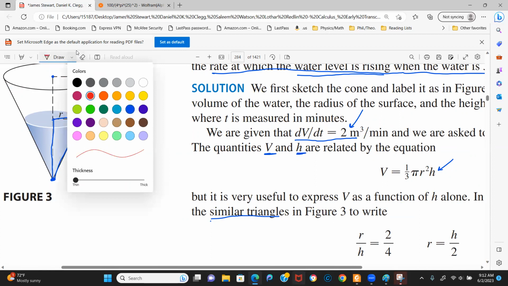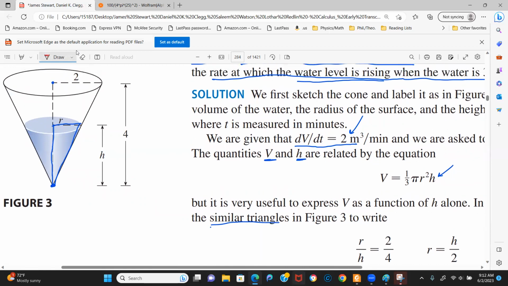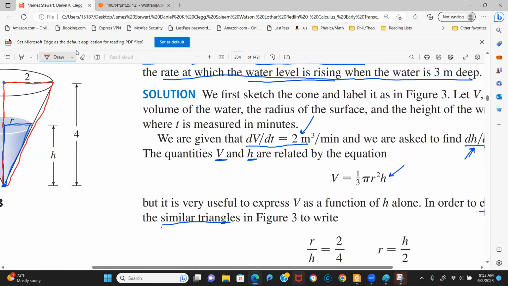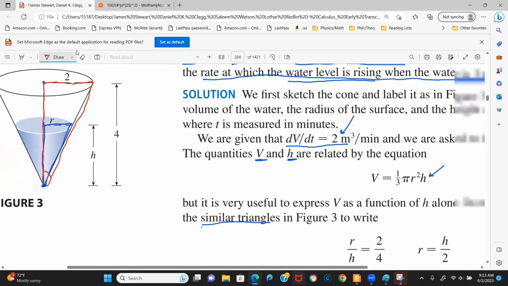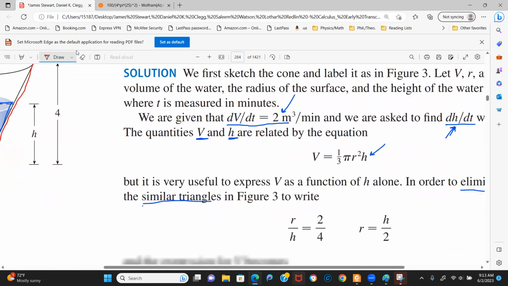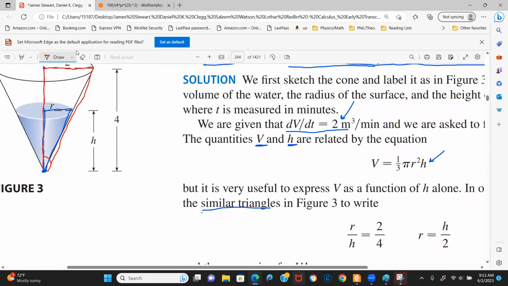Then we have this bigger triangle right here. Because they are similar, that is, they share a common angle right here, the ratio of their side lengths has to be equal.